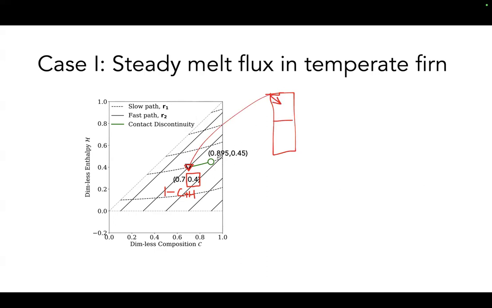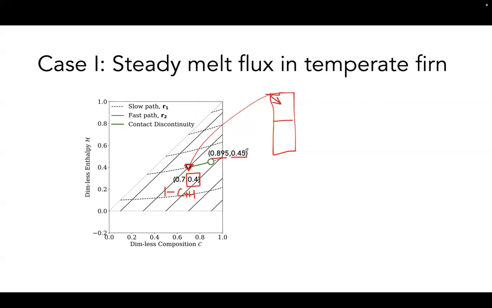And then our bottom state is 45% liquid water content and composition of 0.895. So that means we have a porosity of 1 minus 0.9 plus 0.5, which is close to 0.55.